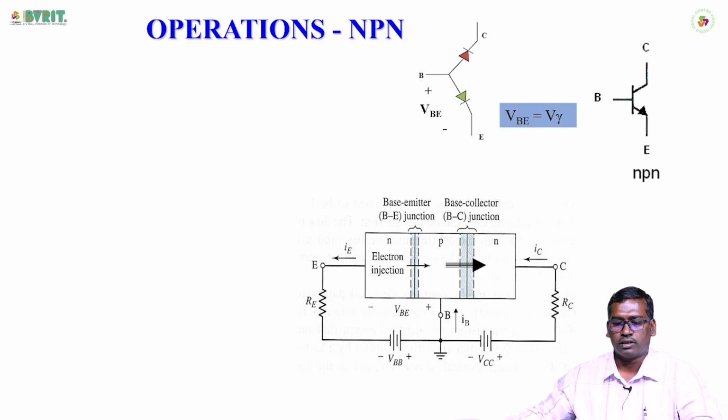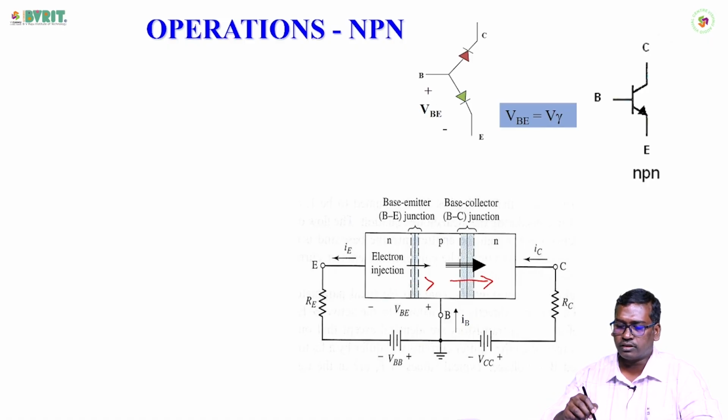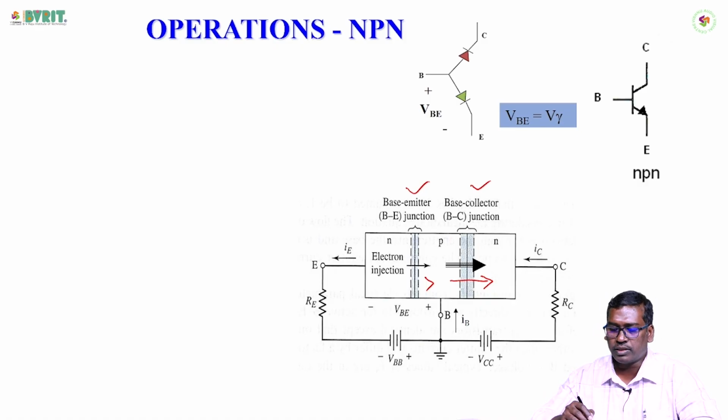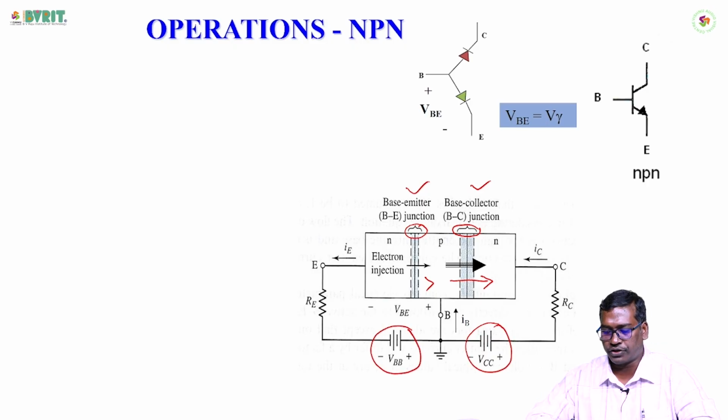And also if you see the operation of the NPN transistor, here is how the electrons are injected from N to the P and P to the N. And also here you can see the base emitter junction and the base collector junction. The base emitter junction width is small, whereas the base collector junction width is large, because of the potential we applied, which makes the difference in the operation.